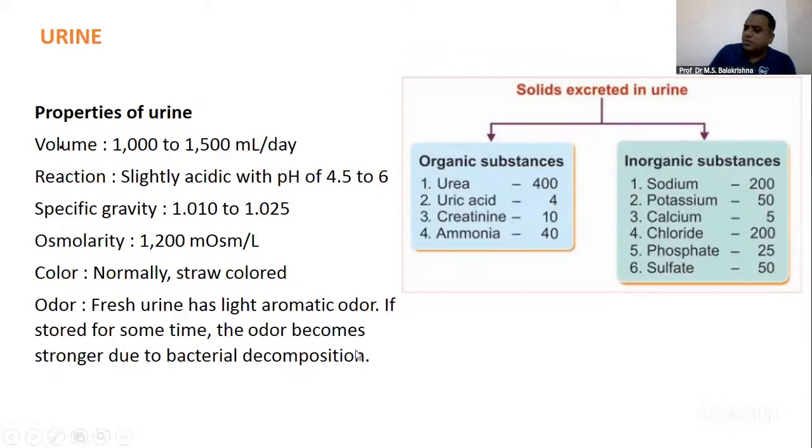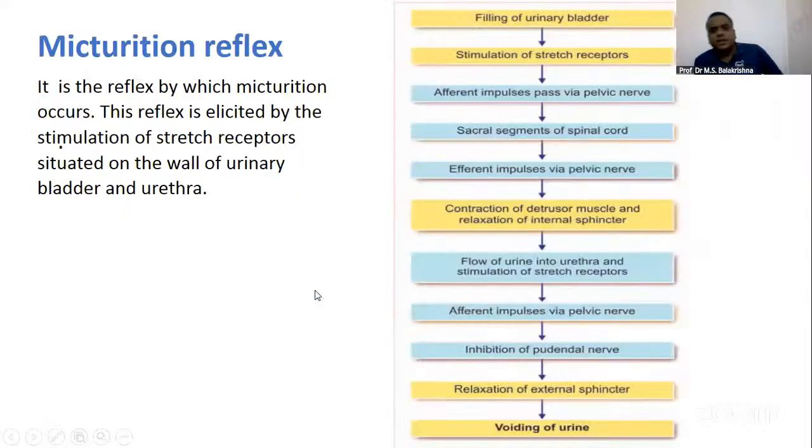Then the facts about urine, the things you can read: the composition of urine, organic and inorganic content, the pH, osmolarity, color, odor. These are the basic things. Then micturition reflex. You should know what this is. It is the voluntary passage of urine. If you want to go to the bathroom, you voluntarily go.